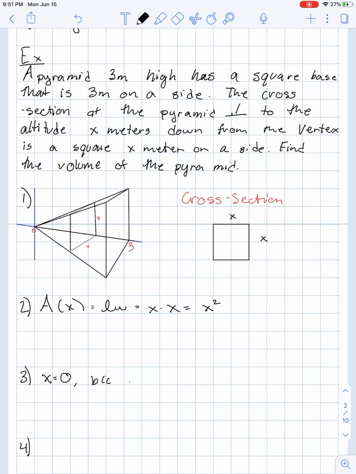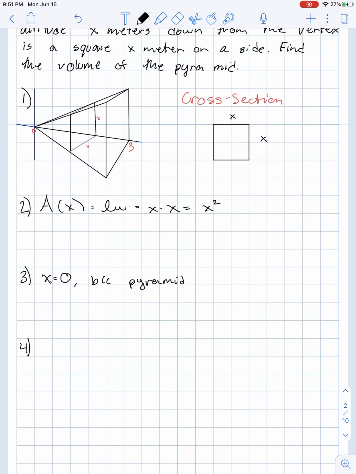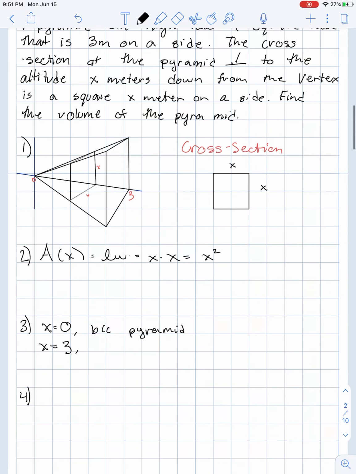I really don't know how else to best explain that. x equals 0 is where we're going to start because it's the tip of the pyramid. And then x equals 3, the base of the pyramid, is square.